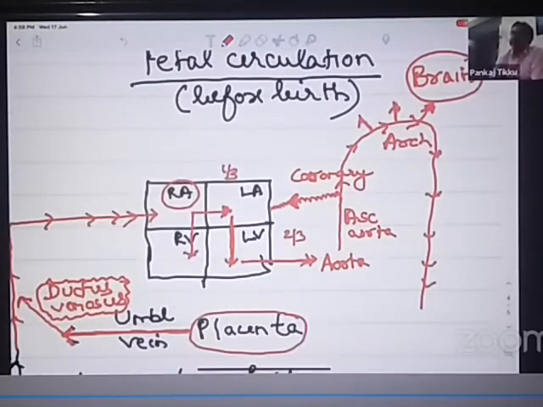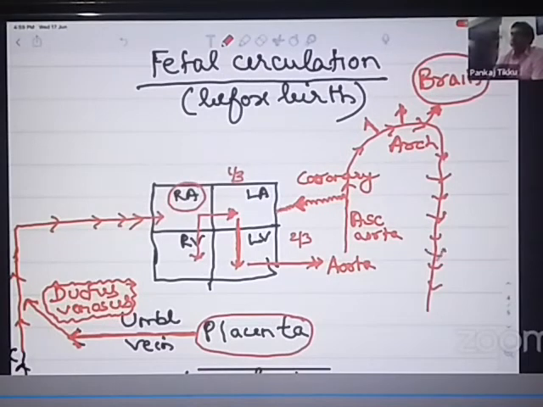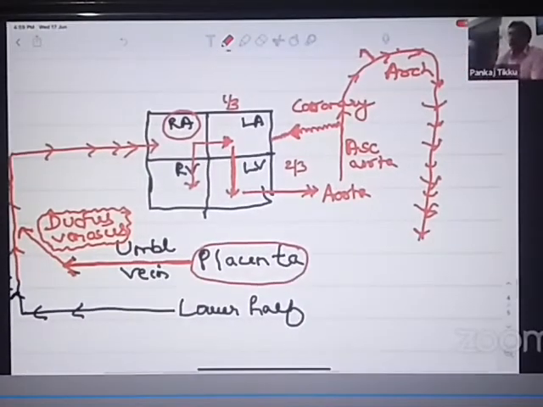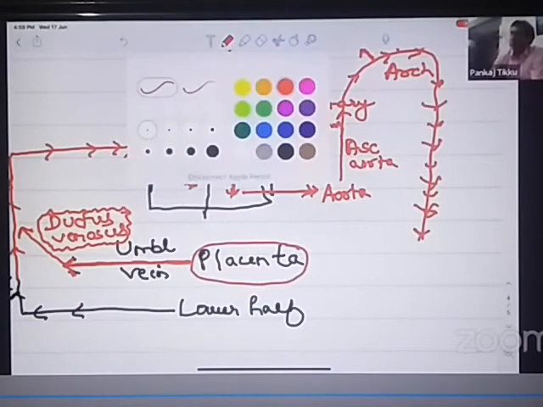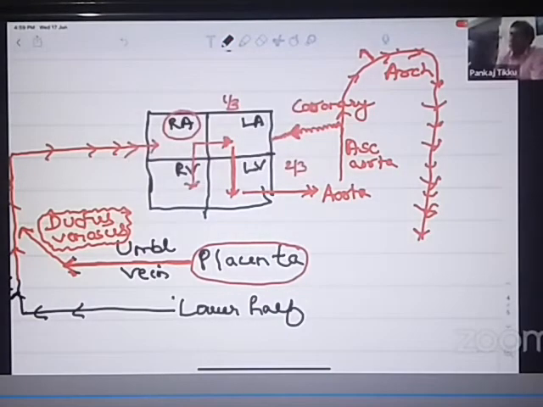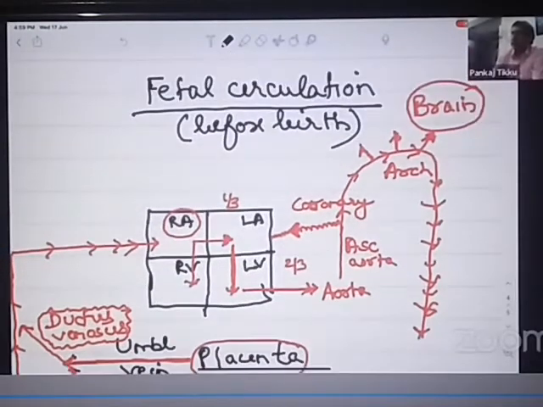The remaining blood, as you can see, enters down into the lower half of the body, and then again mixes with the deoxygenated blood, which I will tell you how that deoxygenated blood will enter here. This is about the lower half of the body. Let us now talk about the upper half of the body.